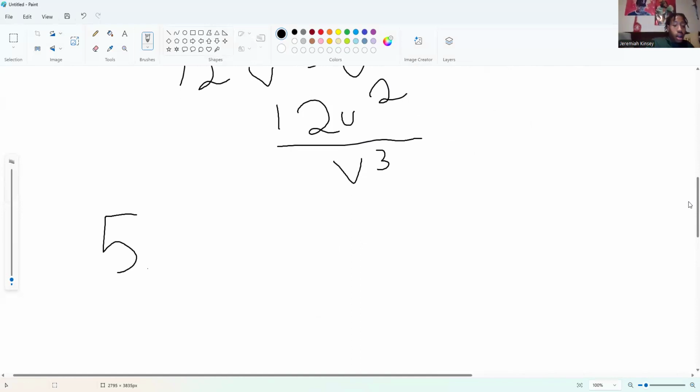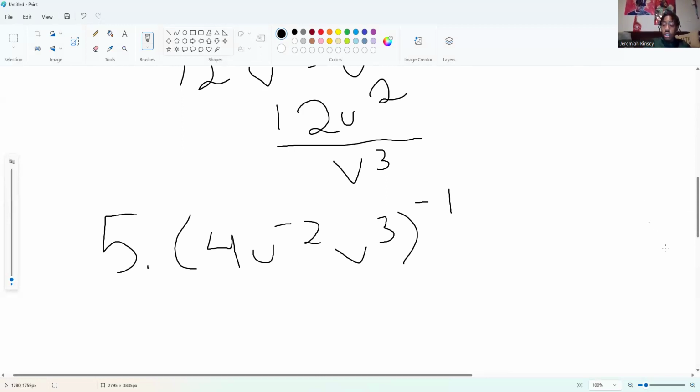We have 4u to the negative 2 v to the third, all to the negative 1 power. So this basically means we're doing this a couple of ways.